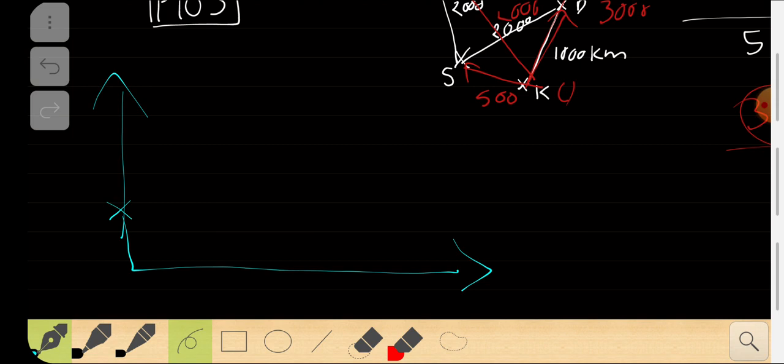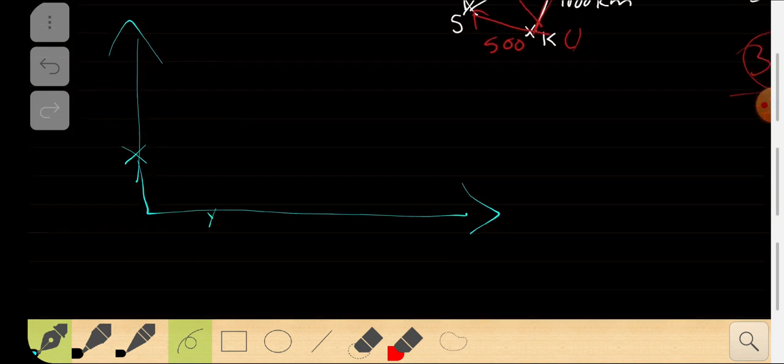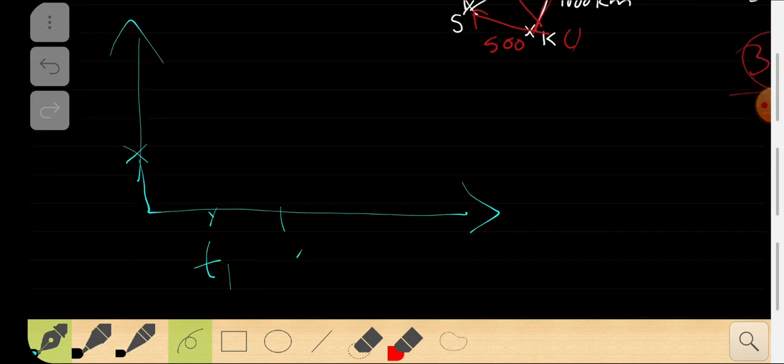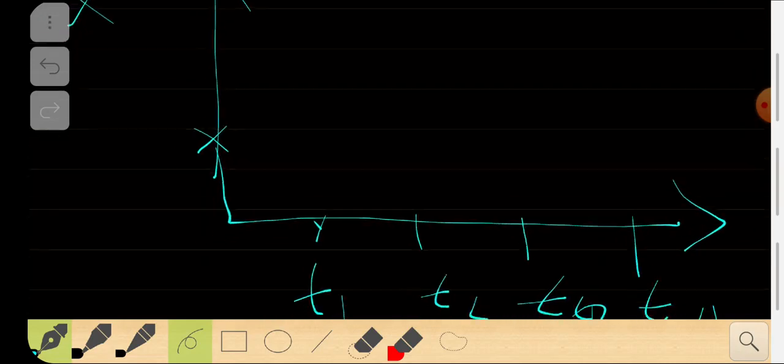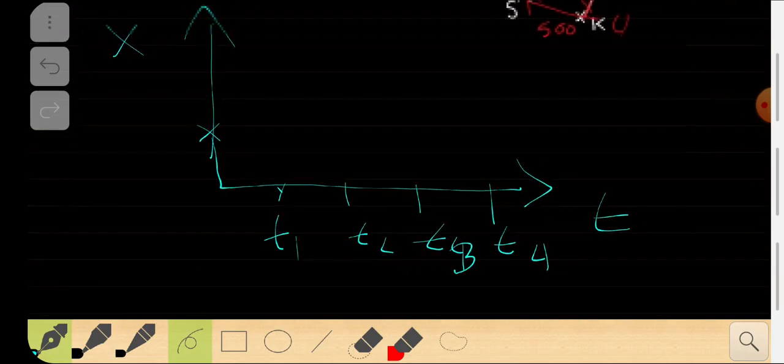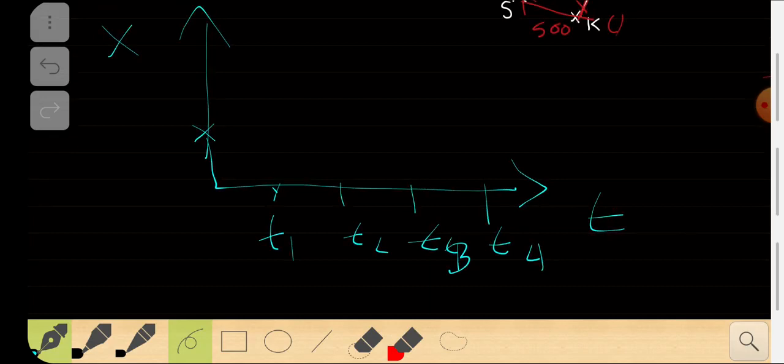Let's mark times t1, t2, t3 and t4, this being the time axis and this being the position axis. At the first checkpoint t1, I will be at Delhi, so it's 1000 kilometers away from my home in Kochi, Kerala, and the point I will be having is this.